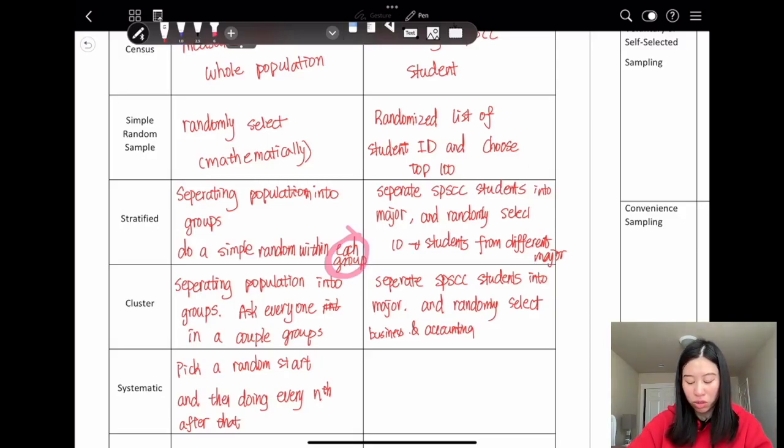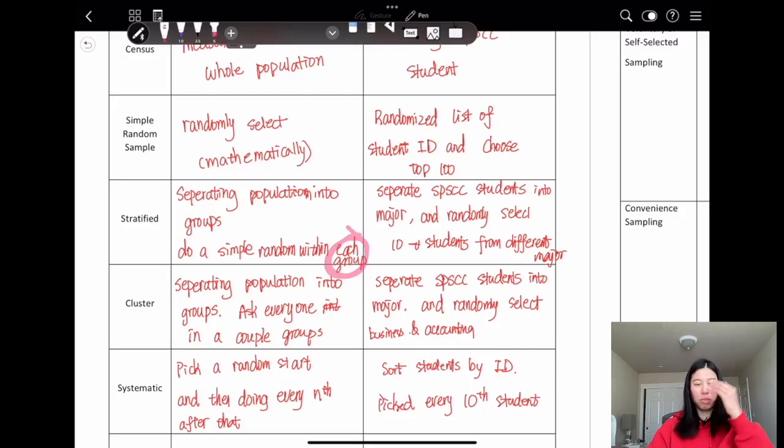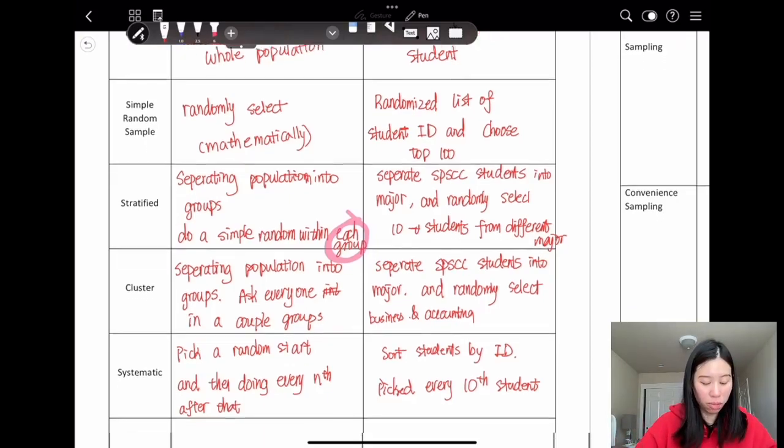For example, we sort students by their ID, and then we pick every 10th student to survey. Such as we pick the 10th, and then the next student is the 20th, and then the 30th, and so on.